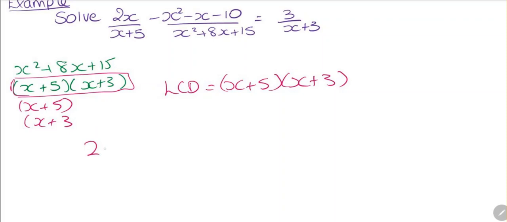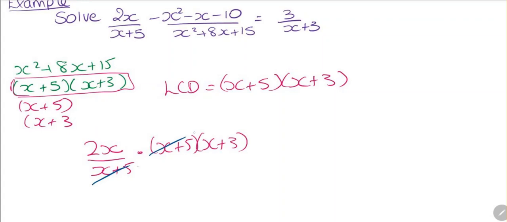So we got 2x over x plus 5. And we're going to multiply that by x plus 5 and x plus 3. So we can see straight away that these will simplify. Then we have minus, I'll put this in brackets, x squared minus x minus 10.